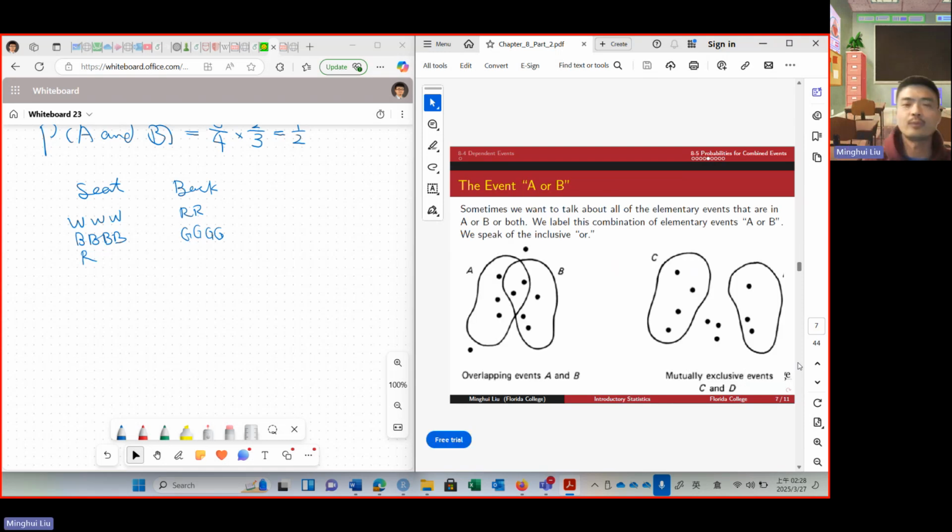So in real life, when we use the word A or B, sometimes we mean inclusive, sometimes we mean exclusive. By inclusive, I mean when we say A or B, we automatically include all the elements inside both A and B. Let's think about that. Suppose you're applying for a job, and the job qualification says that you must have 3 years work experience or a master's degree in this field.